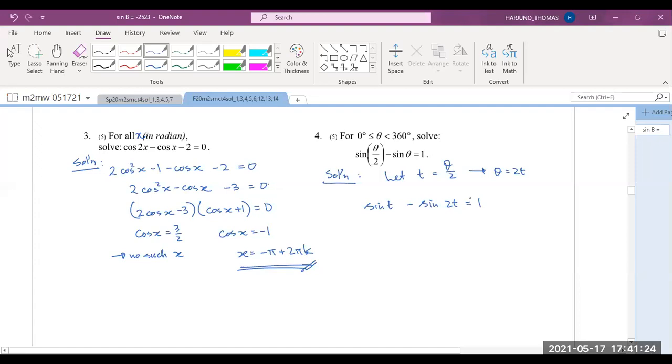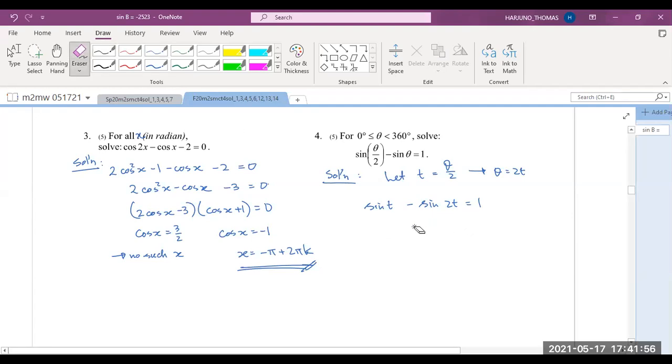I don't remember how to solve this problem though. I know pi, 180 degrees, is one of the solutions. Let's see. Okay, so sine t minus 2 sine t cosine t. Oh yeah, that's right. The problem is this.